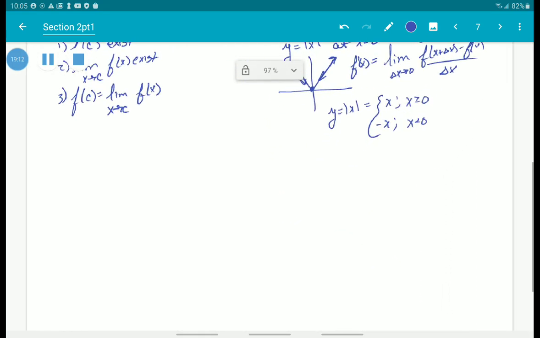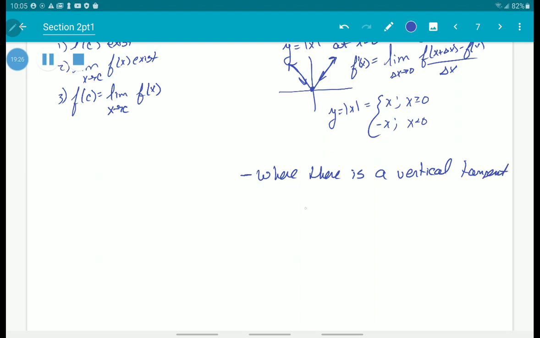You also can't have a derivative exist where you have a vertical tangent. An example would be the cube root of x at 0.